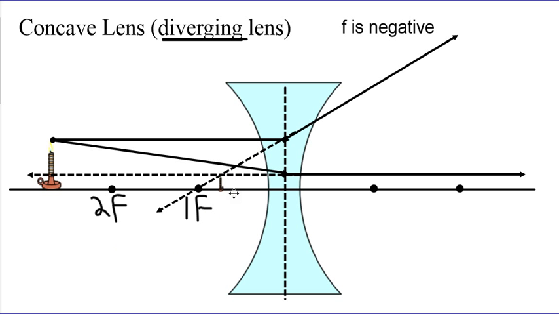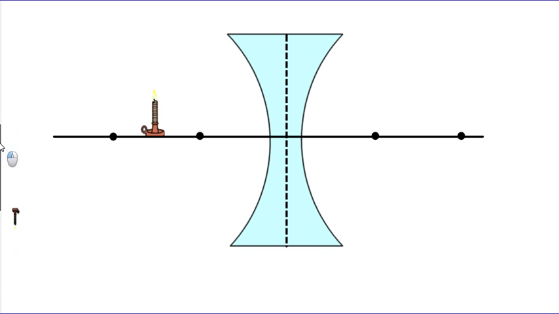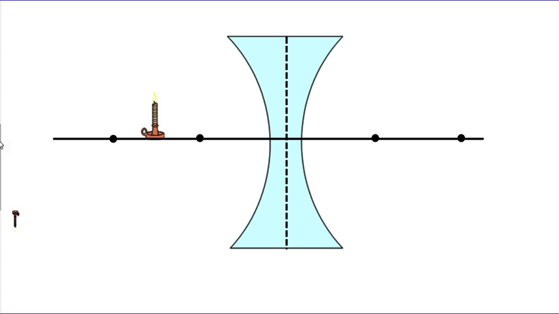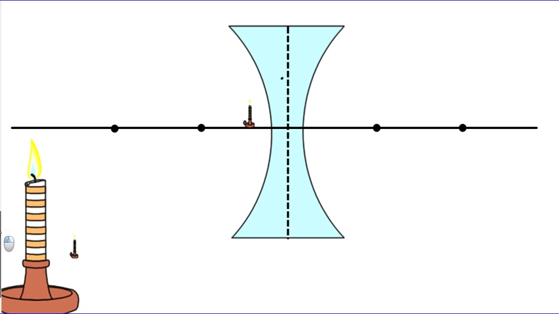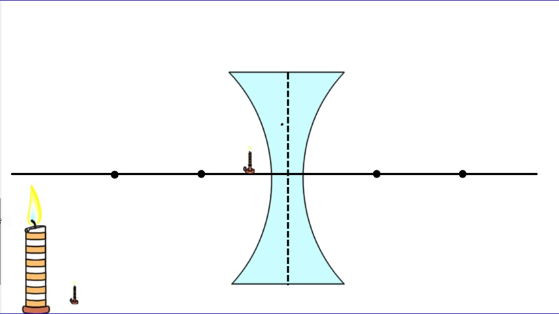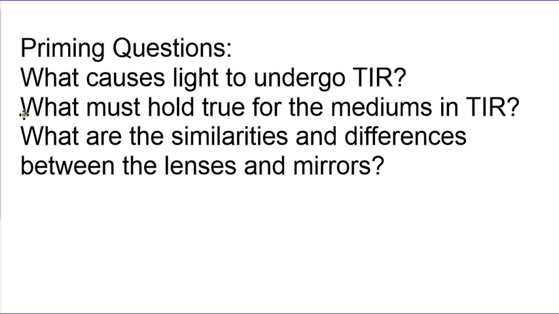So for our diverging lens, for this object, we would say that this image is virtual, upright, and reduced. Now see if you can apply that to this one, and then to this one. And here are your priming questions again.